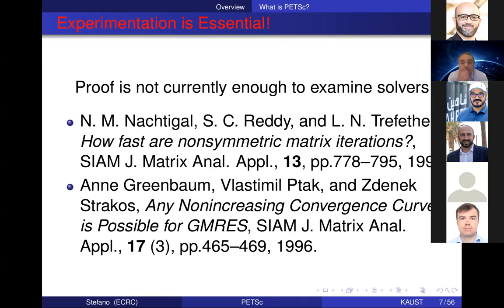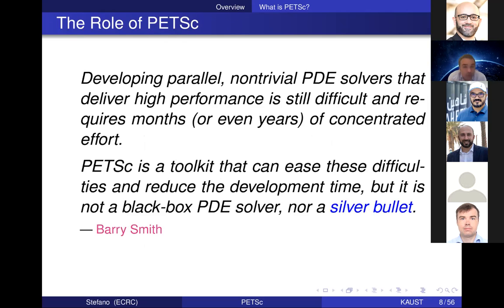This means you have to have a different set of solvers that you want to experiment with, because there's no silver bullet.